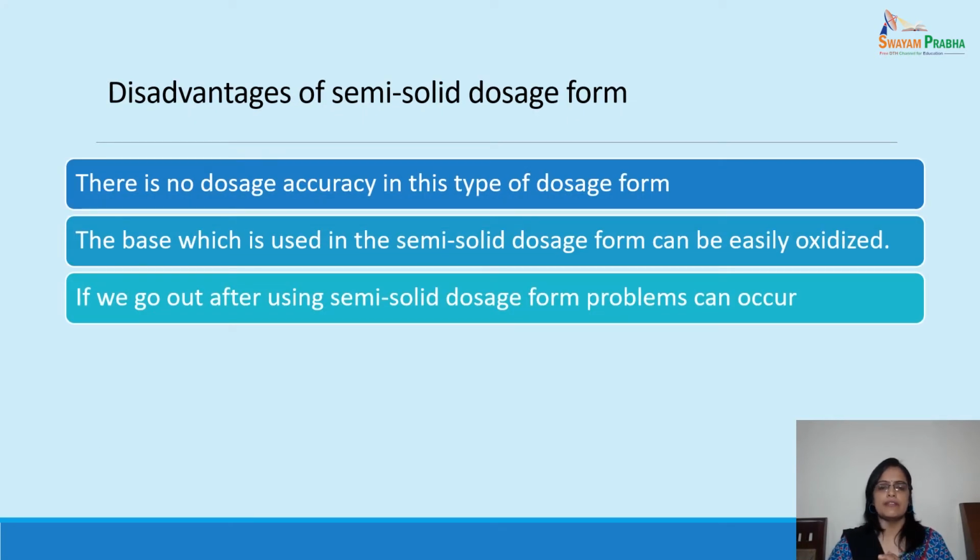Now moving to disadvantages. The disadvantages of semi-solid dosage forms are that there is no dose accuracy in this type of dosage form, because unlike a tablet or capsule, where you take a specific amount and decide the frequency of administration, with an ointment or cream you simply apply a little amount to the affected area.